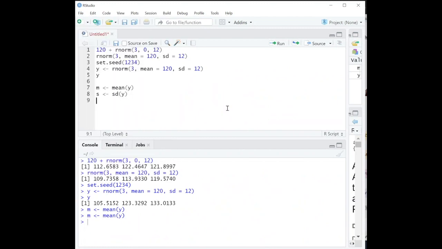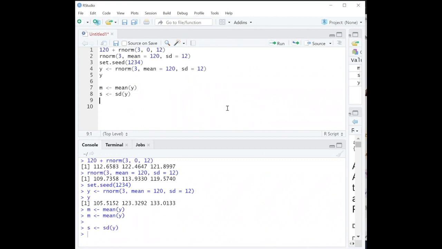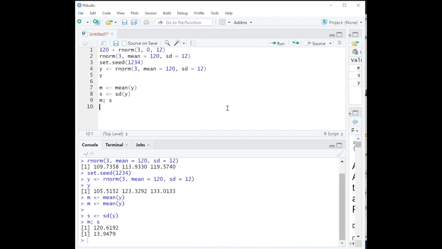Again, with the keyboard. Okay, so let's look at M and S. You see that I'm using a semicolon between the 2 letters. That is the same as going to a new line. So I can write 2 commas and separate them with semicolon. So here we go.